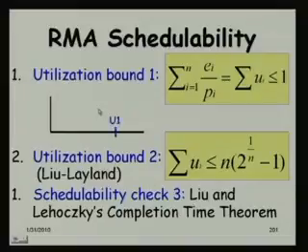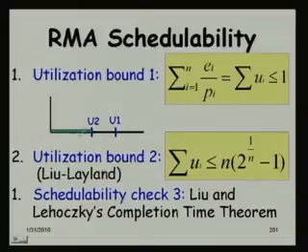So, this diagram says that U1 is utilization bound 1. If the utilization is less than U1, then there is a chance that the set of tasks will be schedulable. If it is more than U1, then obviously the set of tasks will not be schedulable. And if it is less than U2, that is the utilization bound 2 obtained by n into 2 to the power 1 by n minus 1, then definitely the task set will be schedulable.